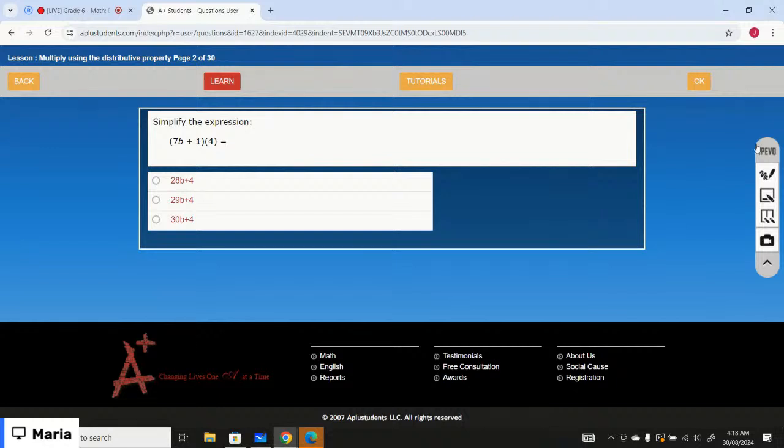Yes, that is. Option number 1 is the correct option. 28b plus 4 is the correct option.